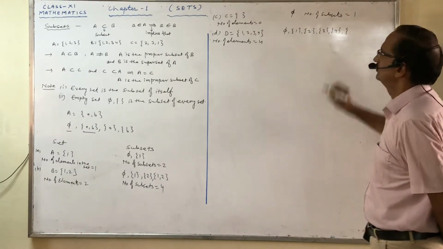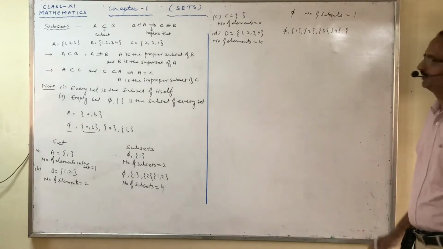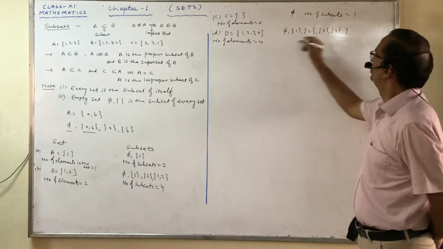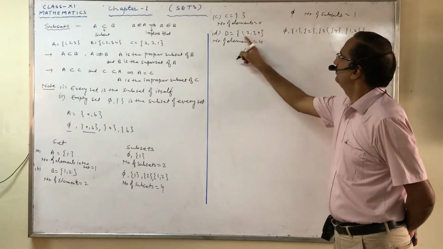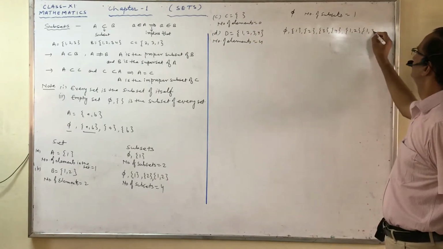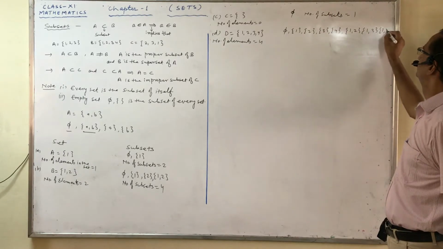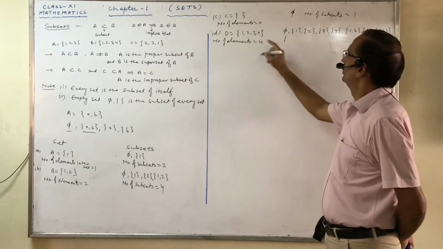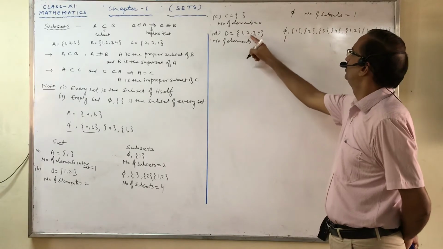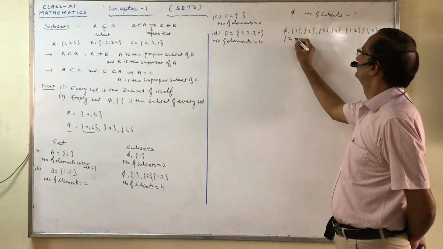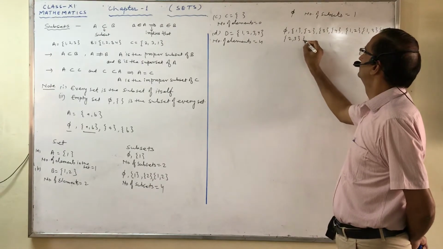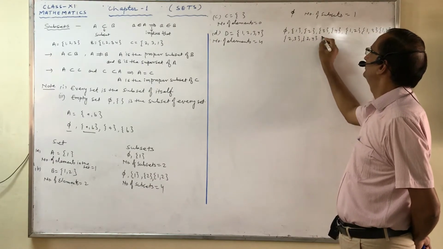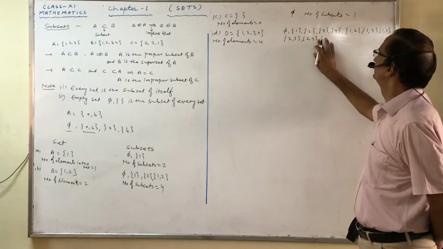Now consider double elements: 1, 2, then 1, 3, 1, 4, then 2, 3, 2, 4, then 3, 4.